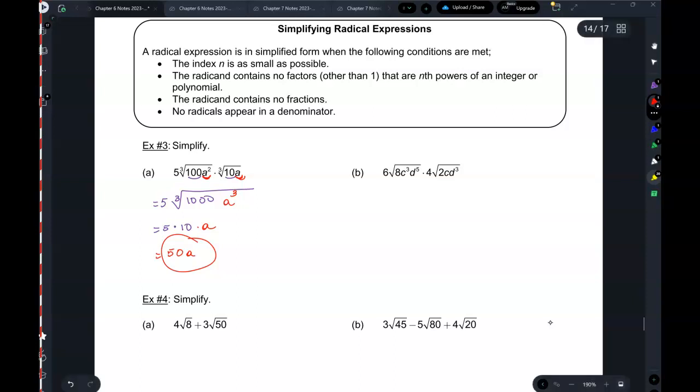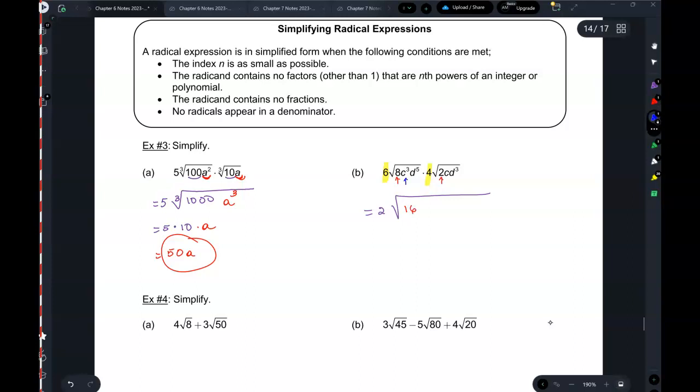Okay, so here, 6 times 4 first is going to be 24. Now, inside the square root, we're going to simplify, we're going to combine everything. So first, 8 times 2, 16.